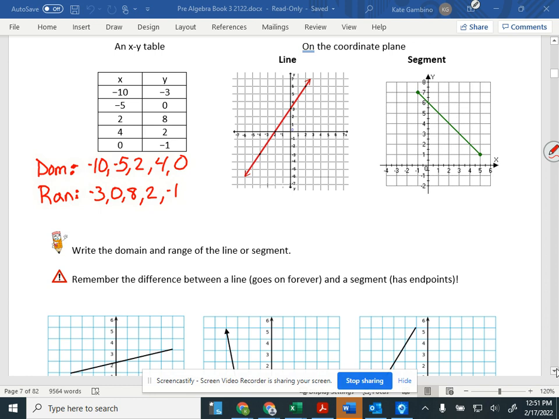It could be 1.1, 1.11, 1.111, 1.11111. So it's all of those numbers. So our domain is all real numbers. And our range, same thing. That's going up or down or going left to right. It's all real numbers.